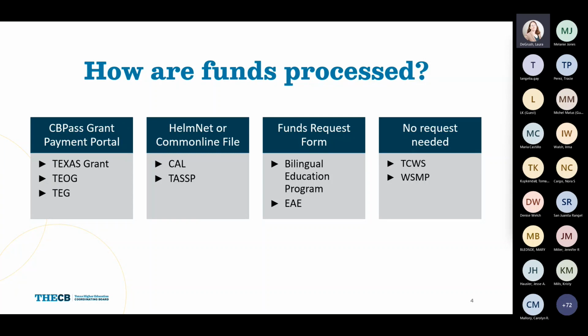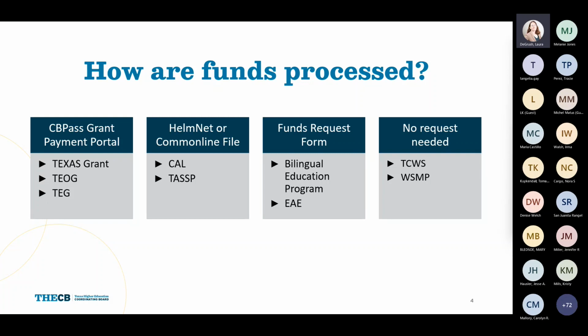So for the college access loan and the Texas Armed Services Scholarship Program, they have their different portals and methods of processing funds. That's a lot of detail, and we're going to go into the CBPass grant payment portal and also look at HelmNet and Commonline.